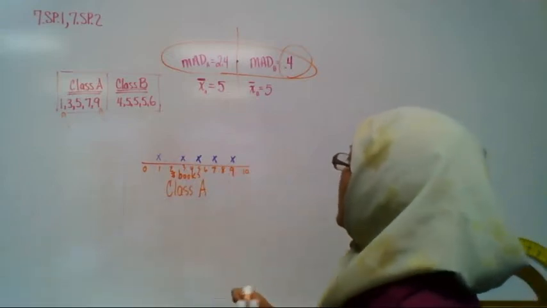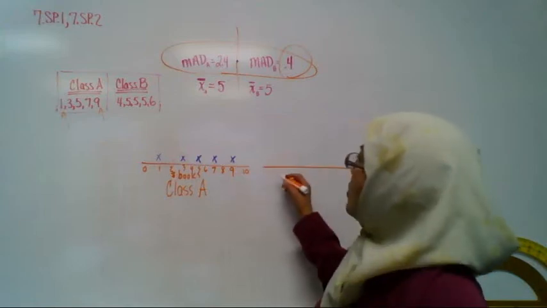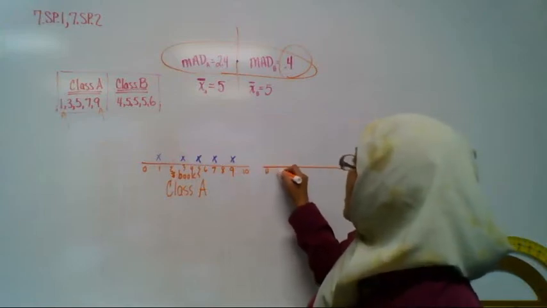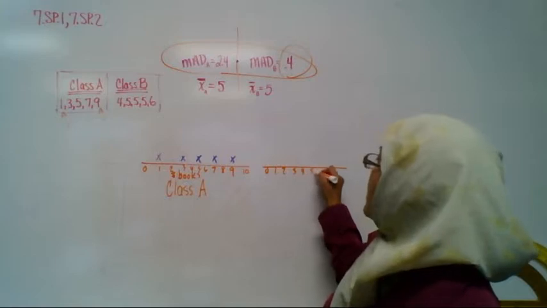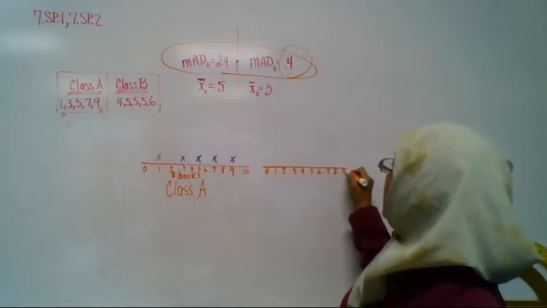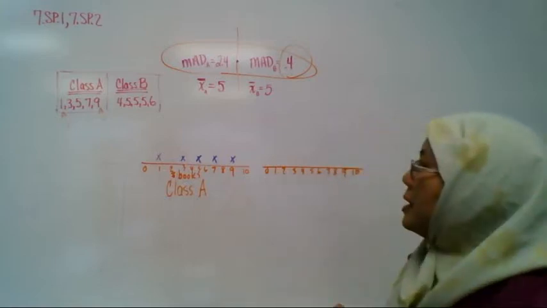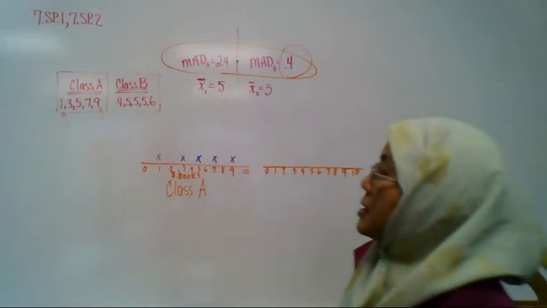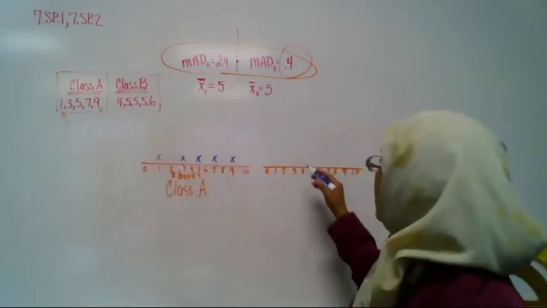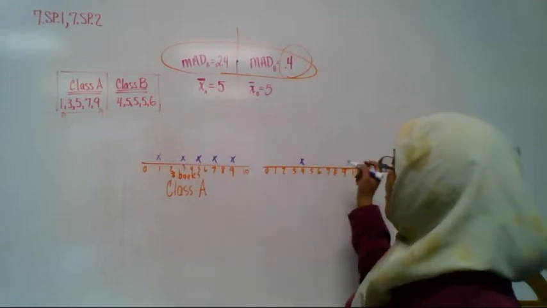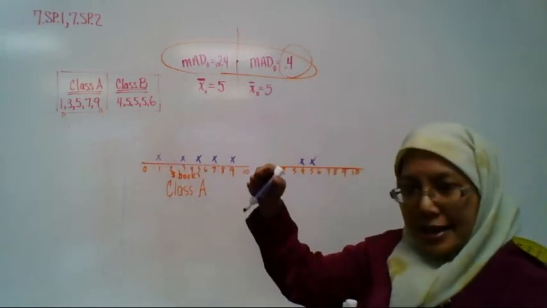Okay, and then Class B, we again have, we'll just do it like that, 1, 2, 3, 4, 5, 6, 7, 8, 9, 10. And we're going to put an X at our data values, so 4, 5, 5, 5. So this is where we start stacking them.